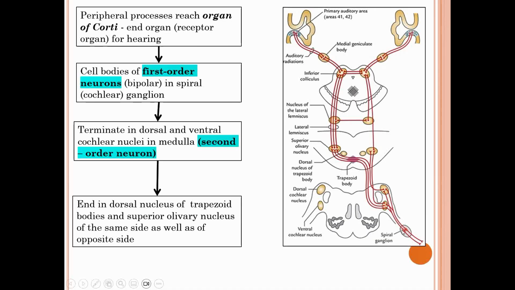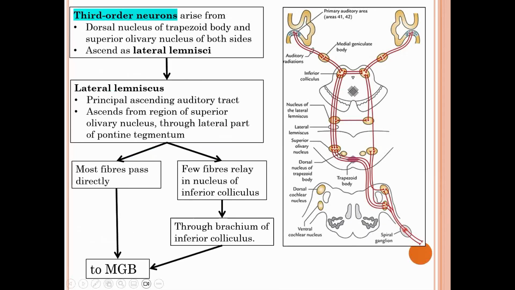So the first order neuron is the spiral ganglion of the cochlear nerve. The second order neuron is in the ventral and dorsal cochlear nuclei, and from here they go to the trapezoid body and superior olivary nucleus.